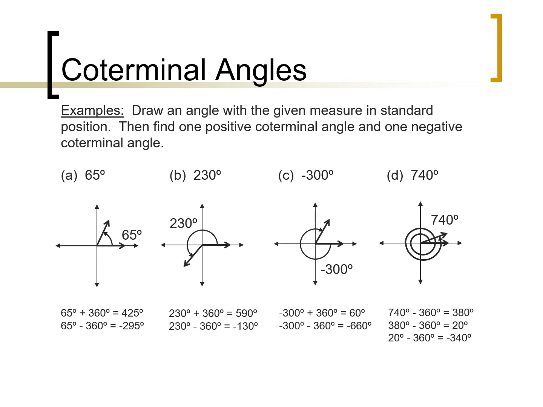You can take that answer and subtract 360 from that to get 20 degrees, another positive coterminal angle. And then you can take that answer and subtract 360 degrees from that to get negative 340 degrees, our final negative coterminal angle.